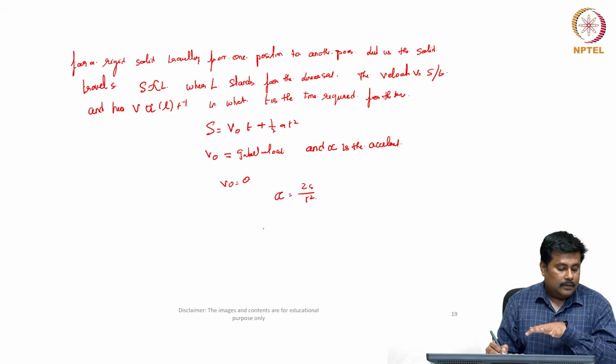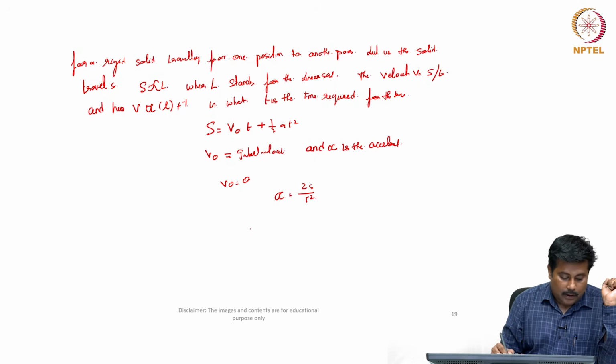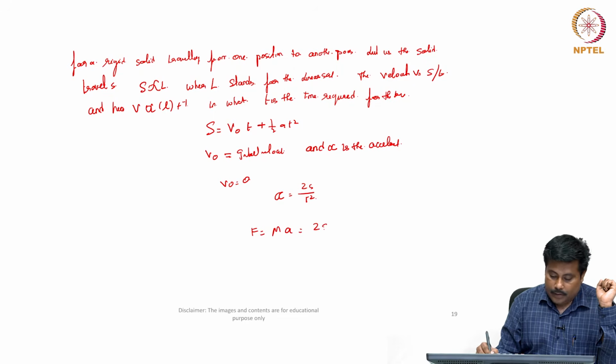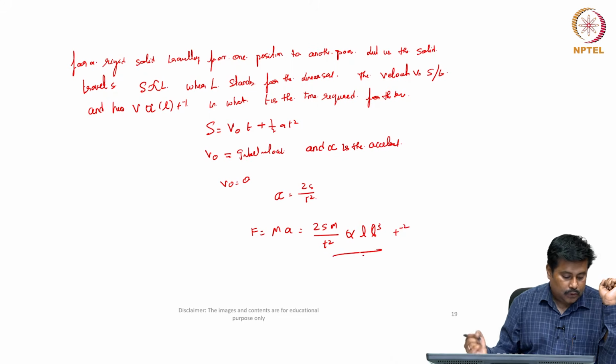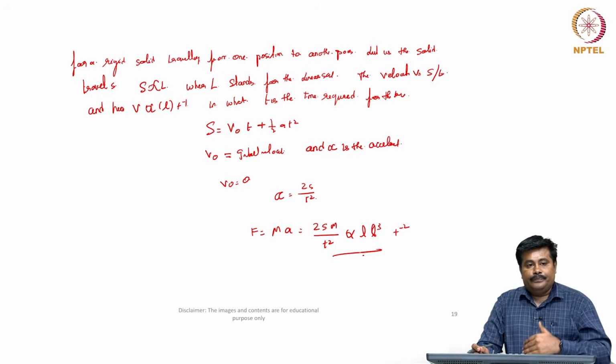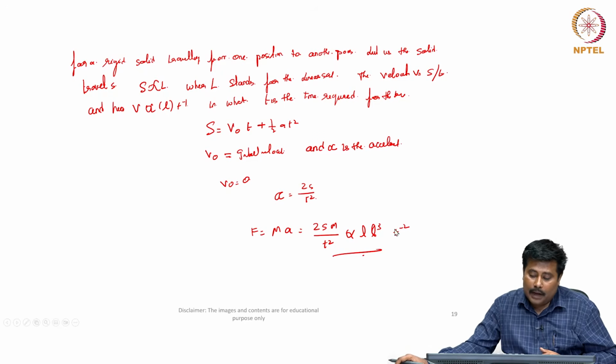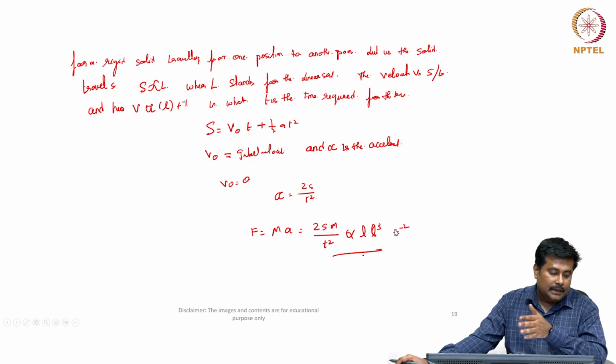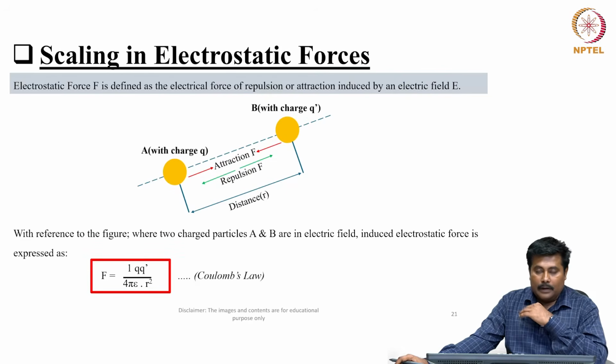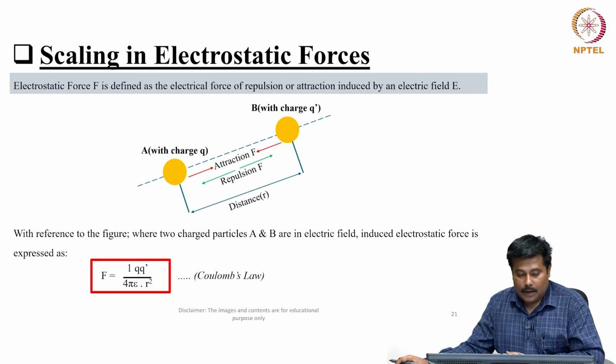So, the dynamic force F from Newton's second law can be expressed as F equals ma, 2Sm by T squared, L cube T power minus 2. So, appropriately it has a kind of deviation in the force scaling method, which we will be discussing in the upcoming classes.